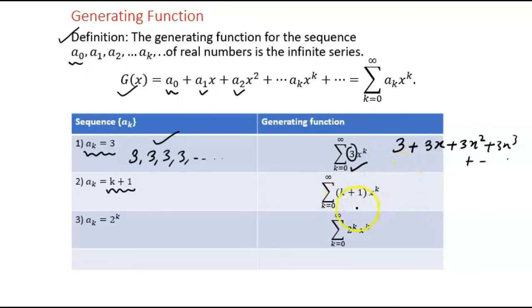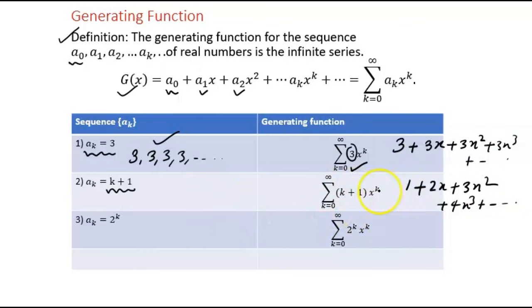So basically, if I take k is equal to 0, then I will get 1, because 0 plus 1 is 1 and x to the power 0 is also 1. If I take k is equal to 1, I will get 2x. If I take k is equal to 2, I will get 3x square, then 4x cube, and so on up to infinity.